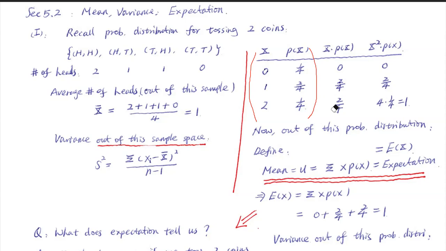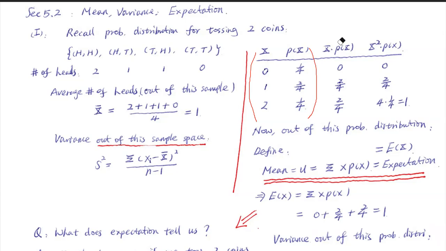How do we calculate the average based on this information? X is the number of heads. We are given the probability for X equal to 0. The probability of getting 0 heads is 1/4. Based on that information, can you tell me the number of heads we are getting on average?